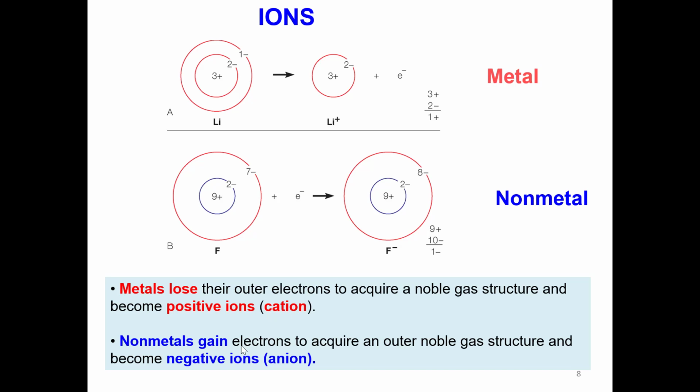Non-metals gain electrons to be more stable and become negative ions. What is important here is that metals are positive ions and non-metals are negative ions.